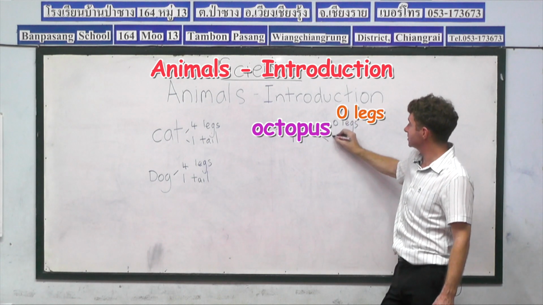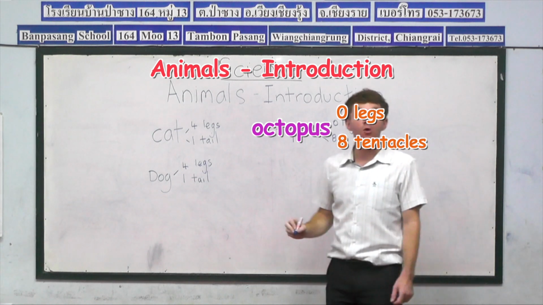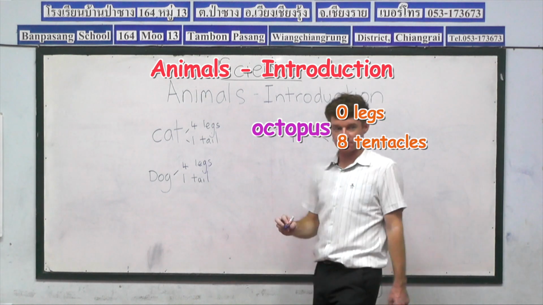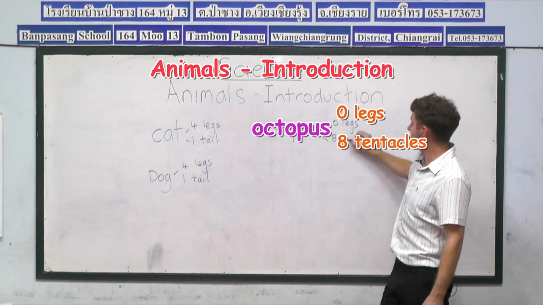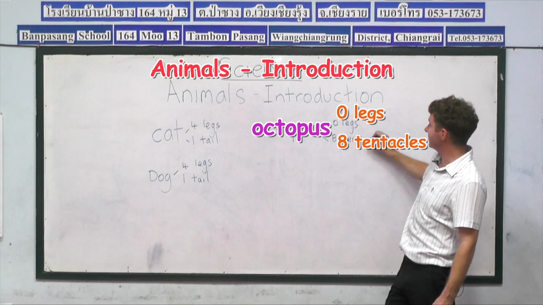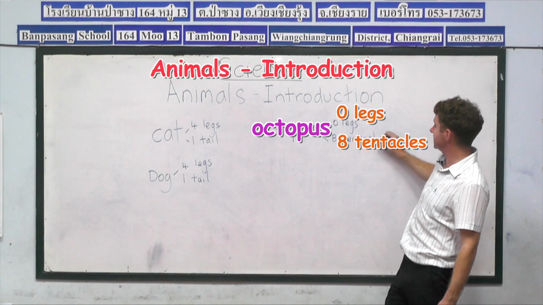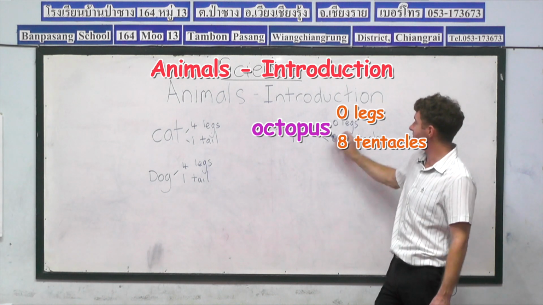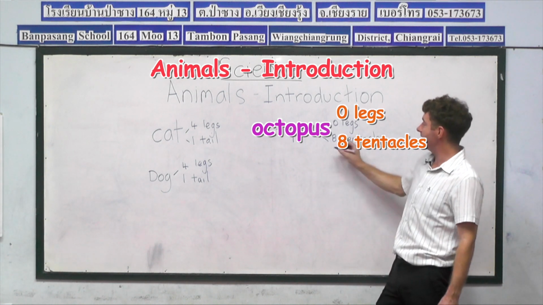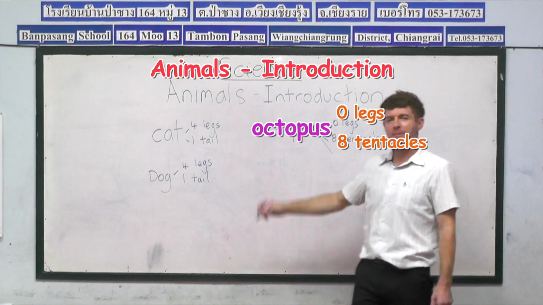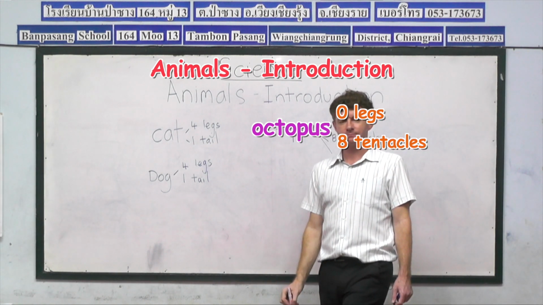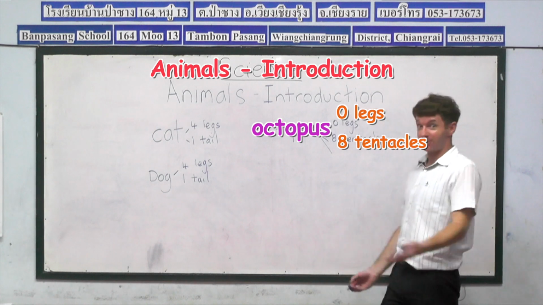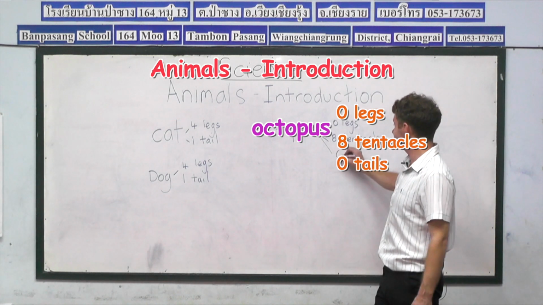An octopus has 8, what we call tentacles. T-E-N-T-A-C-L-E-S. So octopus, no legs, 8 tentacles. How many tails? 0, yes, an octopus doesn't have any tails.